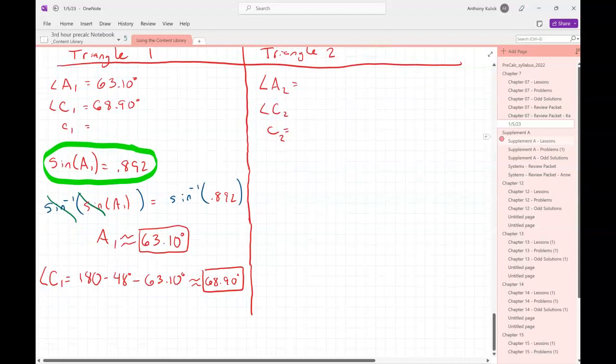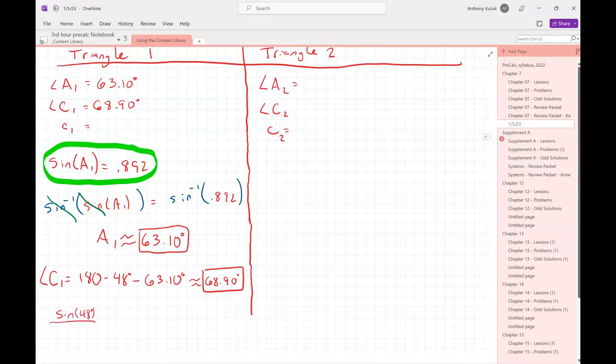And now to find side C, I'm going to use the law of sines again.